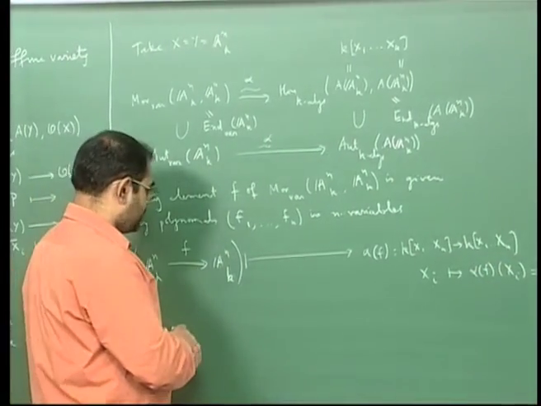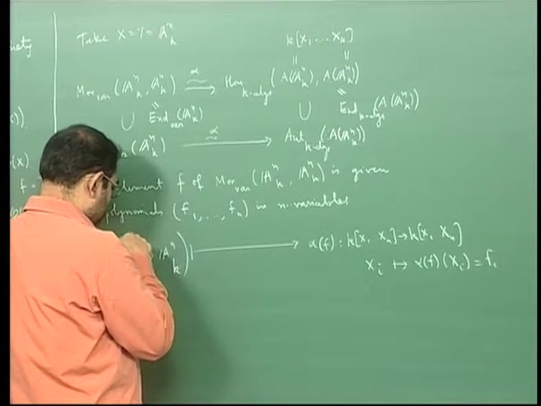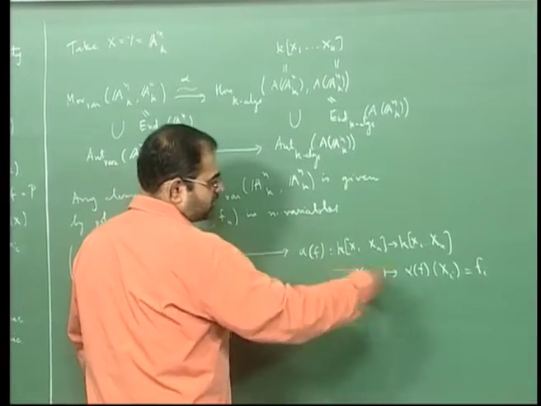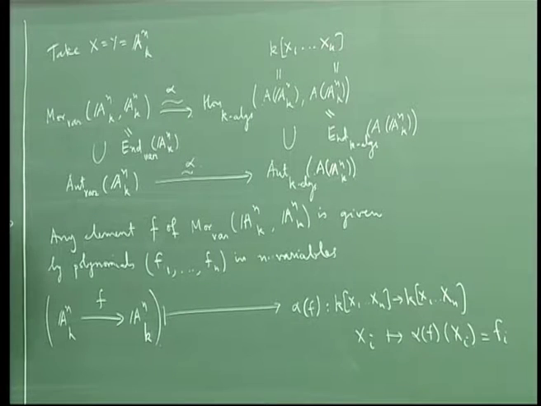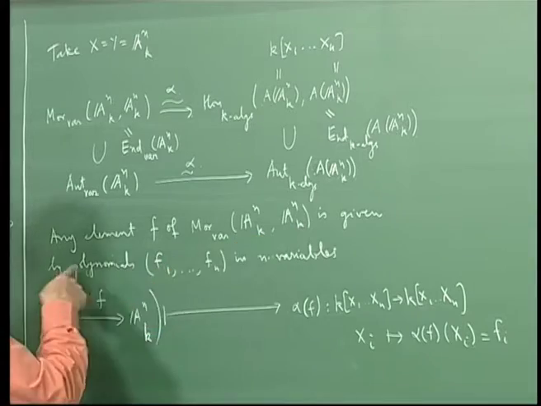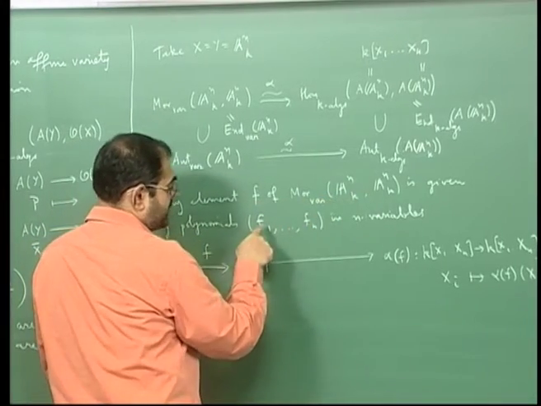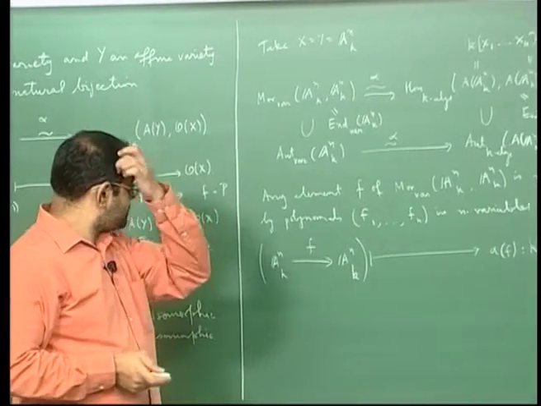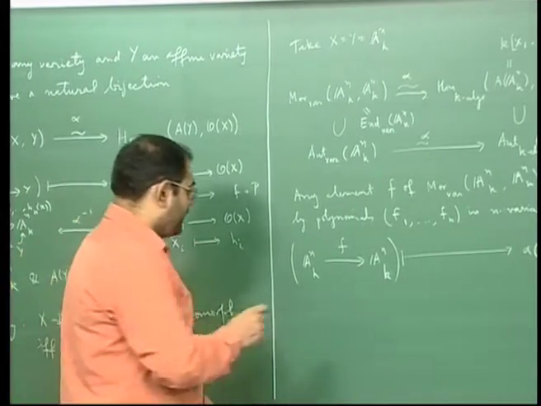So essentially, corresponding to this morphism an to an, that corresponds to giving me n polynomials, and that is what I have written in the previous line, that a morphism from an to an is simply given by n polynomials in n variables. And when is this morphism an isomorphism? When it has an inverse.